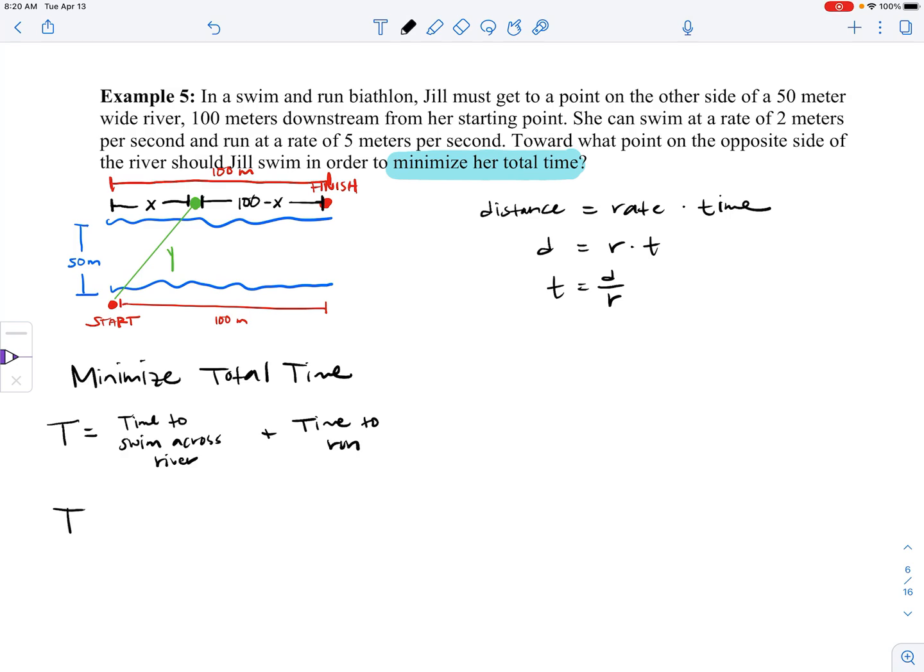So to rewrite our optimization equation, the distance that Jill would swim would be Y, and then she swims at a rate of 2 meters. So Y divided by 2 would represent the time it takes for her to swim across the river.